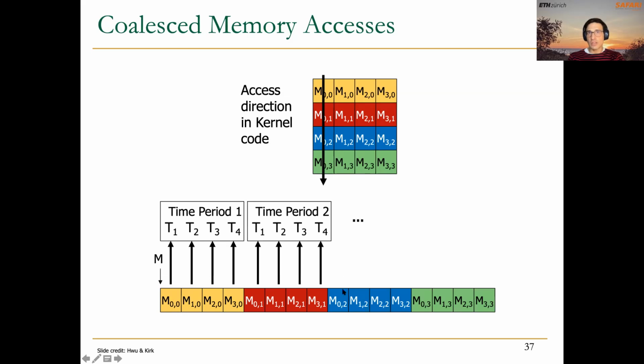And in the next time period, they access 4 consecutive elements in the red row. Observe that these threads are accessing elements that belong to the same cache line, or in nearby memory locations. In this case, the accesses to the global memory are coalesced, and we are taking full advantage of the available bandwidth.